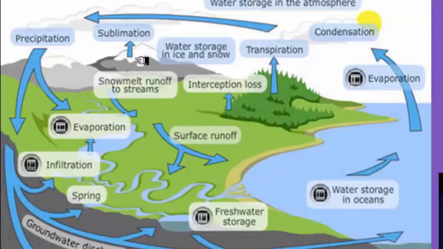When the water is melted, it can form runoffs or streams or rivers, lakes. And then it travels through the ground. So here we have rivers and lakes.